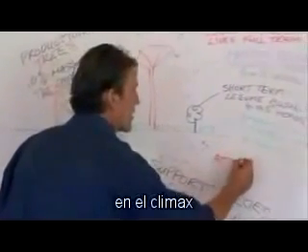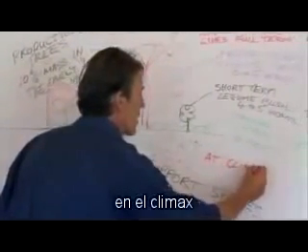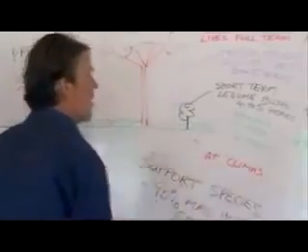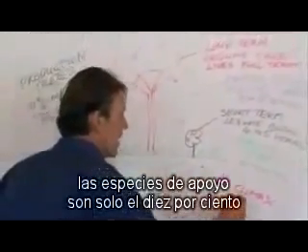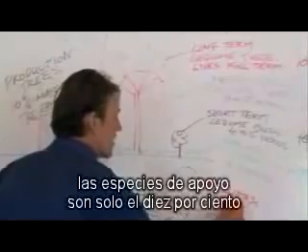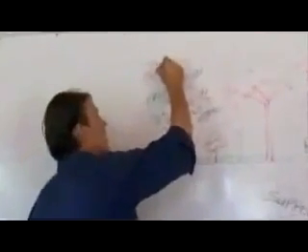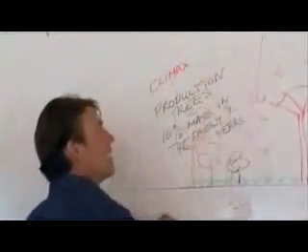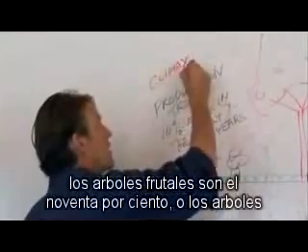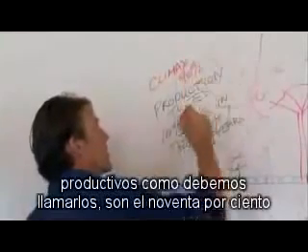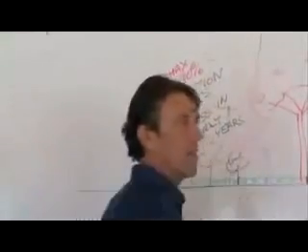At climax, the support species are only 10%. And at climax, the fruit trees, or the productive trees, let's call them, are 90%.